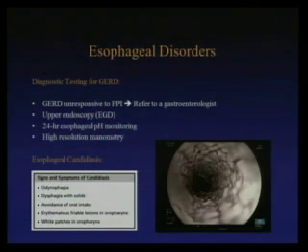And in patients with a long-standing history of GERD, especially those who are middle-aged Caucasian men who happen to be obese, then it's important that they get screened for Barrett's esophagus, because that has very important implications for them long-term.